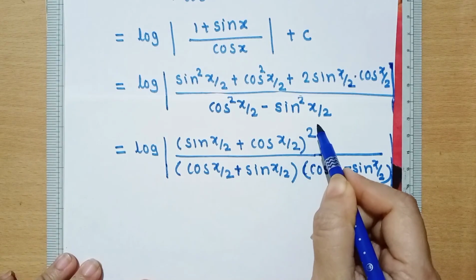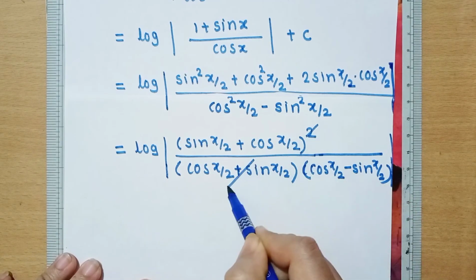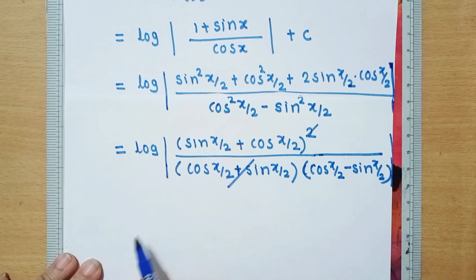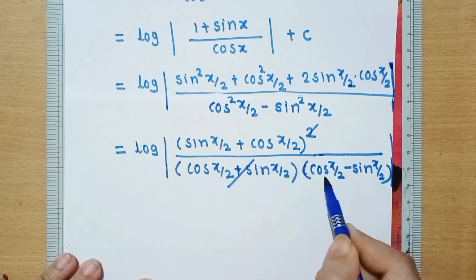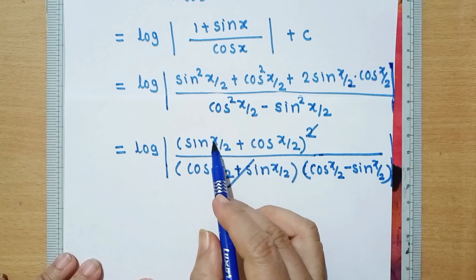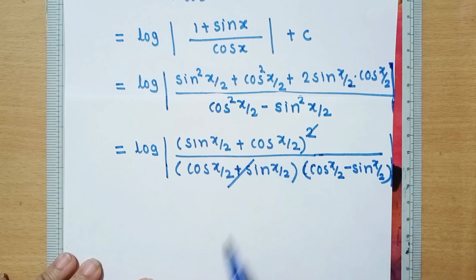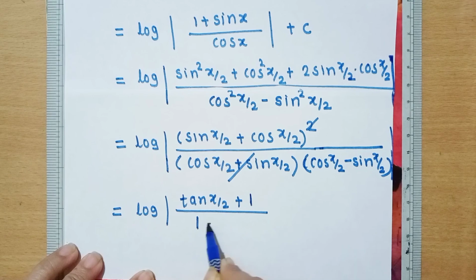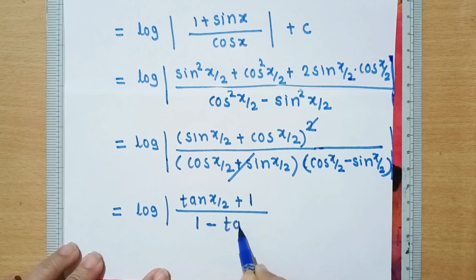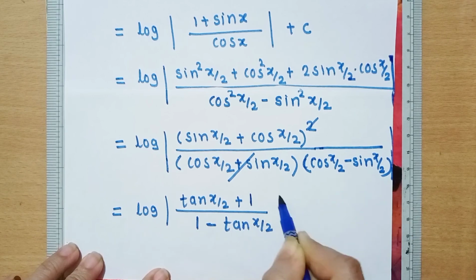So upside and downside, one bracket gets cancelled, and what remains is sin x by 2 plus cos x by 2 over this bracket. Now divide upside and downside by cos x by 2. Dividing by cos x by 2, this is 1 minus tan of x by 2.